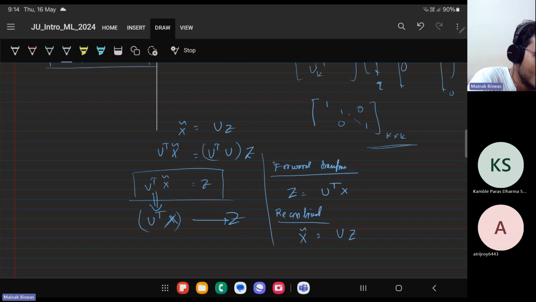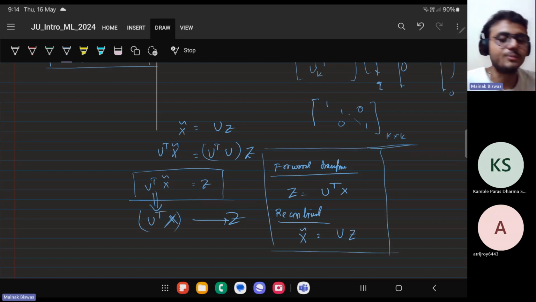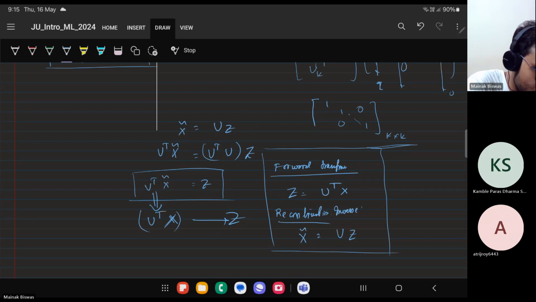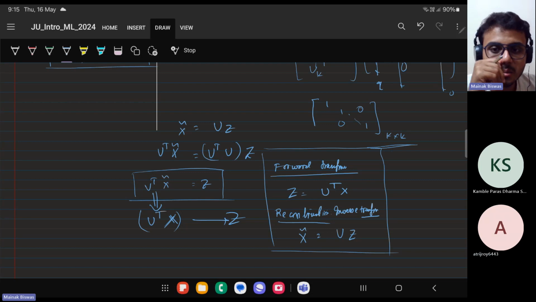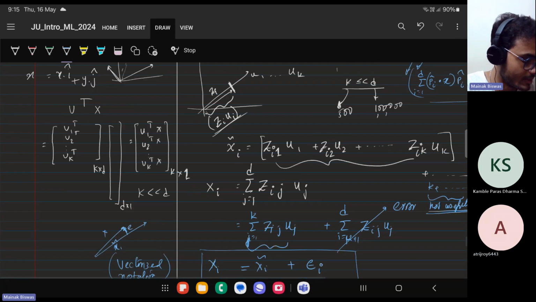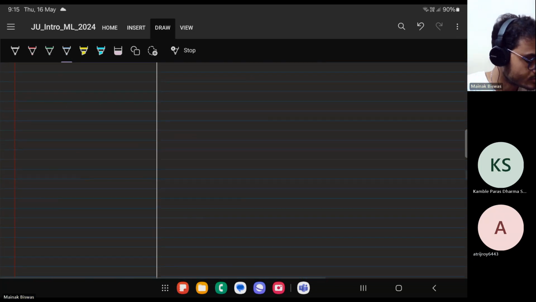That will tell you how many Z's you need to get a proper reconstruction, right? How many dimensions do you need? Okay. This is just multiplying transpose on both sides, right? Mathematically I've understood. Yes, I'll show you now. Physically also, I'll show you.